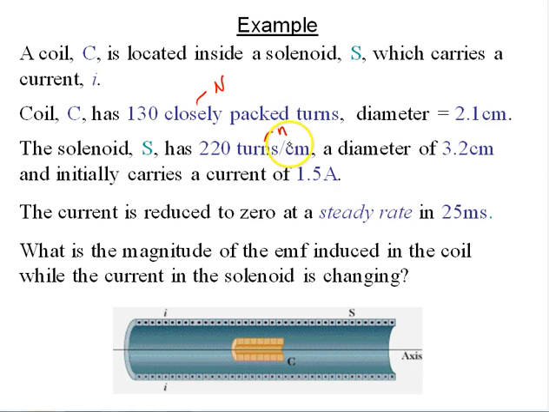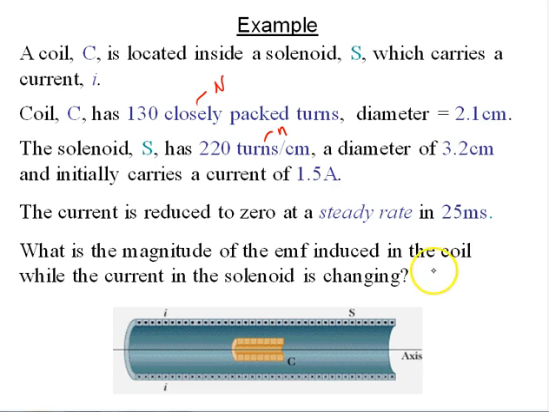That's turns per unit length and number of turns. We're given the diameter of the solenoid, we're given the diameter of the coil, and we're given that the current in the solenoid is reduced to 0 at a steady rate over a time of 25 milliseconds.